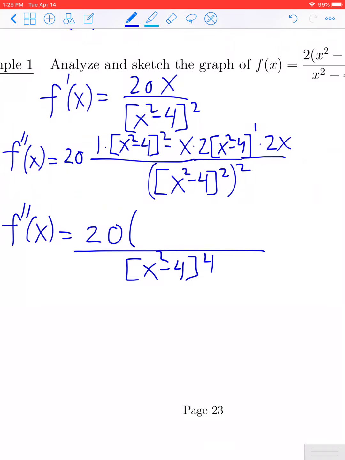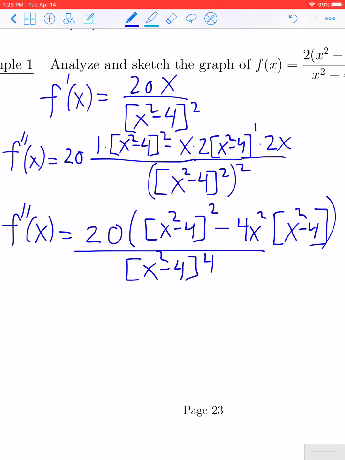In the numerator, we have x squared minus 4 squared minus x times 2 times 2 times x, which is 4x squared, times x squared minus 4.